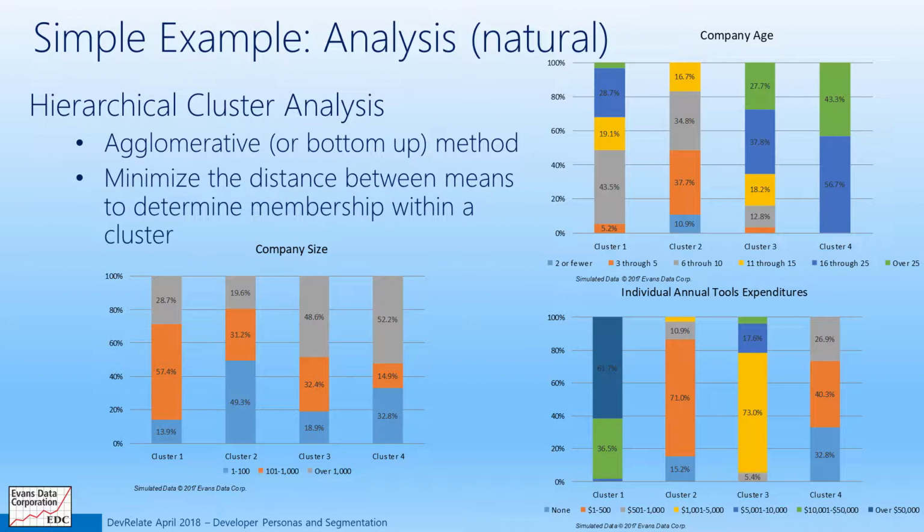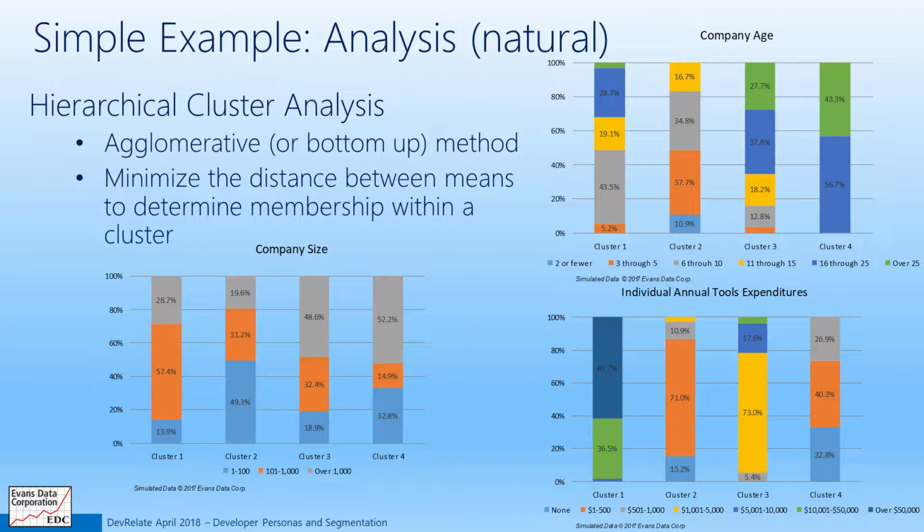So what we see here right now is an example of a cluster analysis done on North American developers. And I believe these are mobile North American developers. And we found that for this particular sample set, 4 groups of developers were discovered that are most distinct from each other, but within these groups are very similar developers.